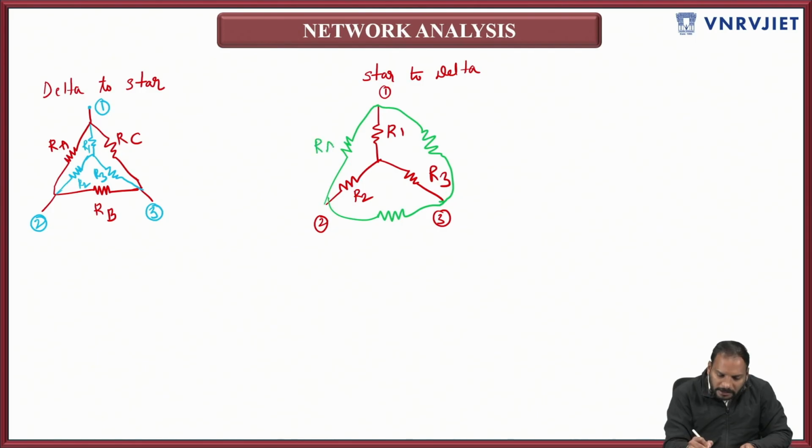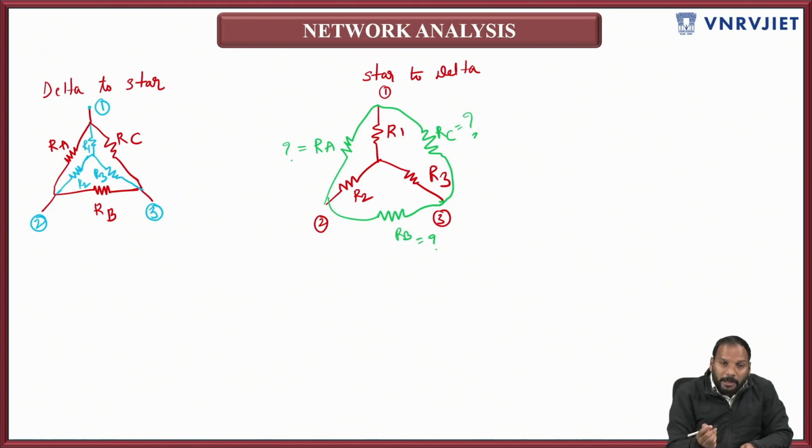I will consider this as RA, this as RB, and this as RC. In this problem, we need to calculate RA, RB, and RC in terms of the given R1, R2, R3, so that you should know how to convert a star network into a delta network.